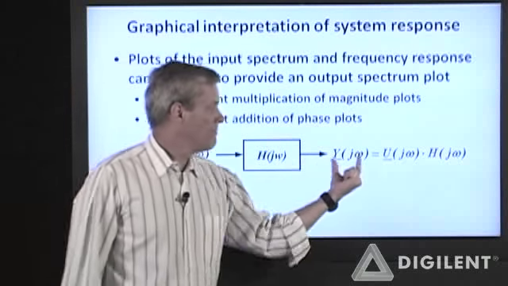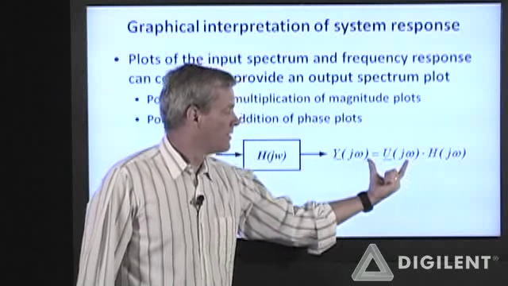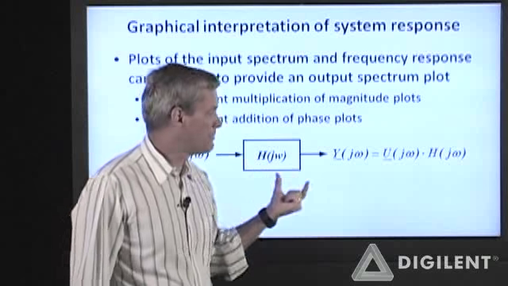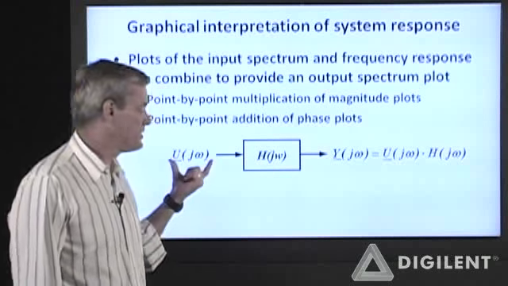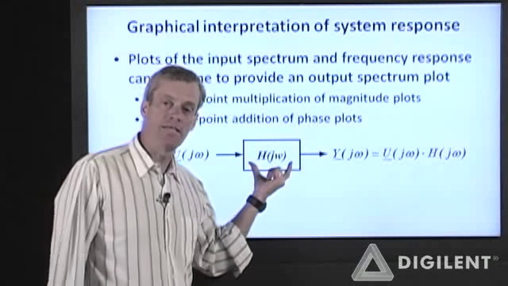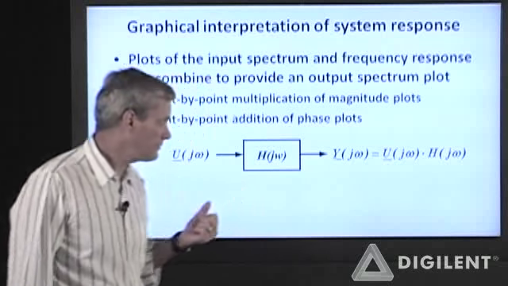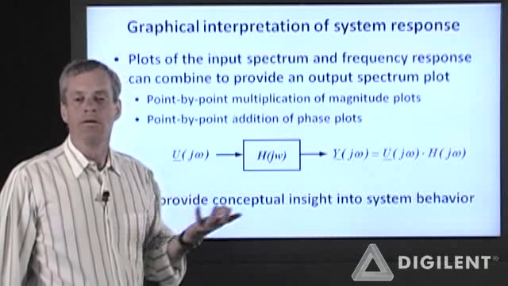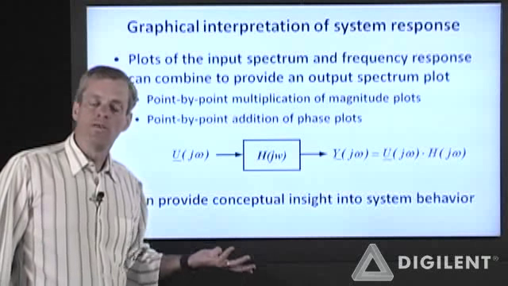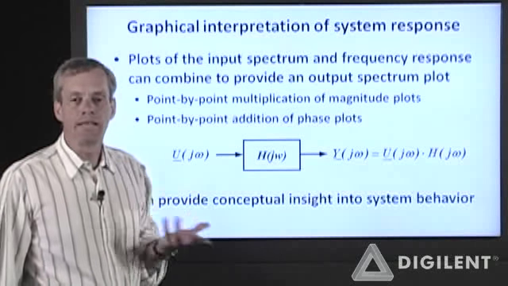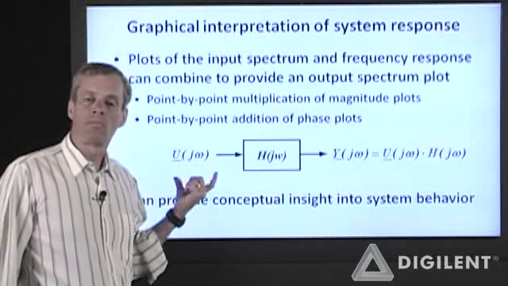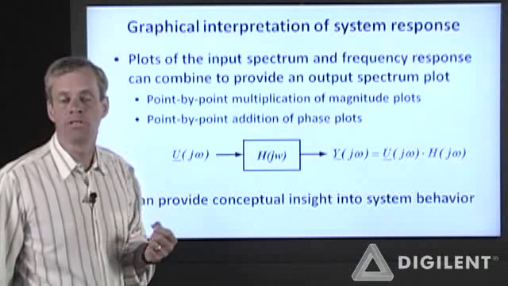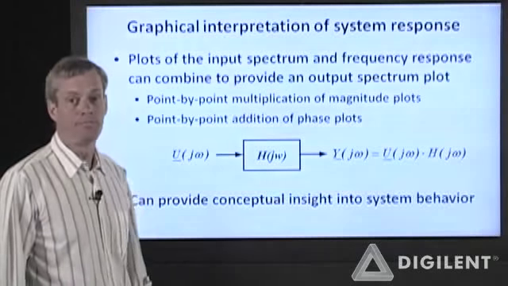The magnitude of the output is the magnitude of the input times the magnitude of the frequency response. The phase angle of the output is the phase angle of the input plus the phase angle of the frequency response. So sometimes doing this graphically gives you a better intuitive or physical feel for what's going on than just looking at the equations. So let's take a look at our previous example signal applied to some system and see what the output response would look like graphically.